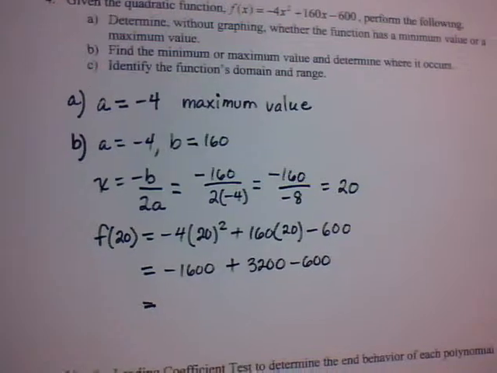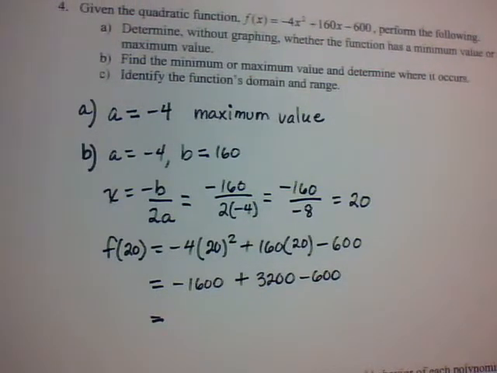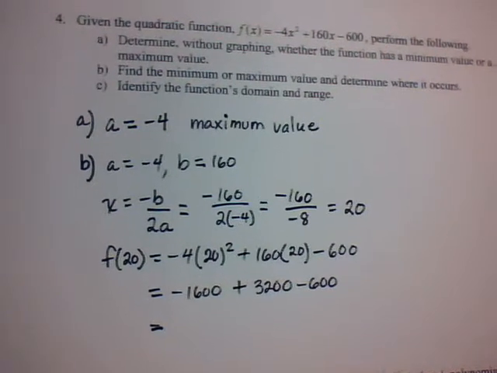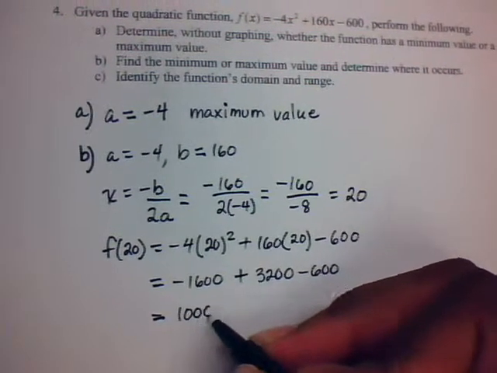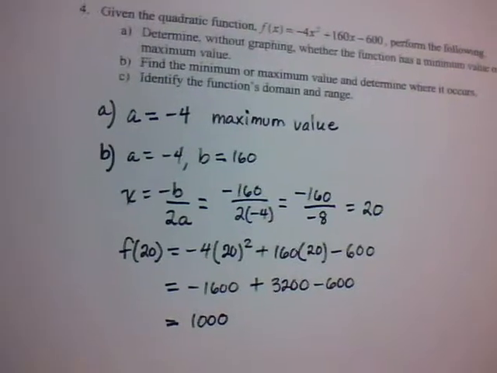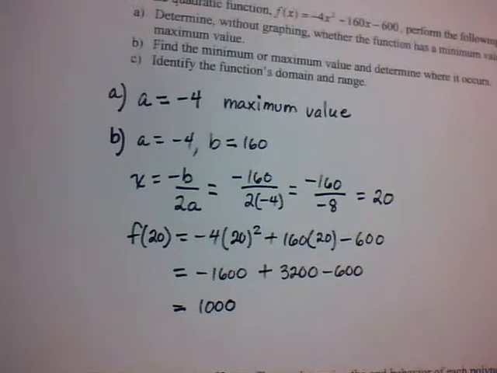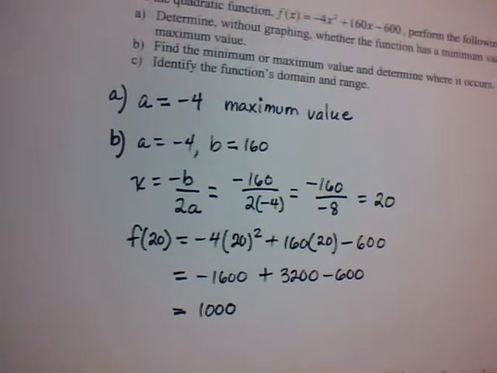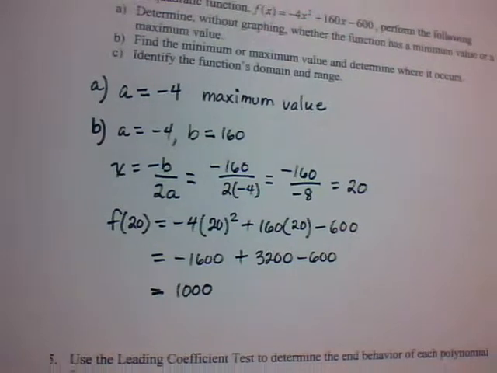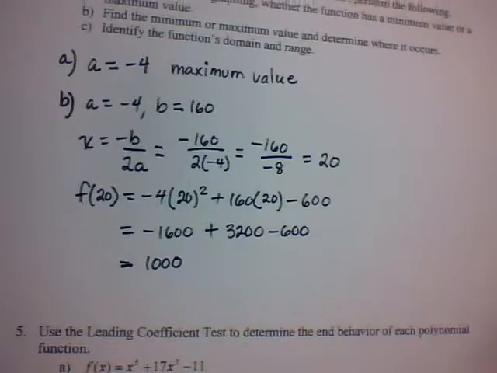Now, let's do negative 1600 plus 3200 minus 600, and you'll get 1000. So here the maximum value is 1000 when x is equal to 20. Okay, so we found the maximum value, which is 1000, and it occurs when x is equal to 20.